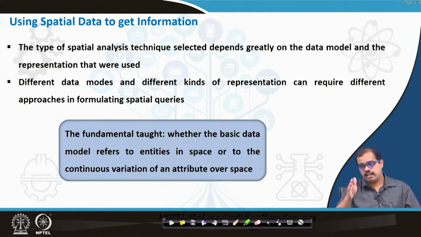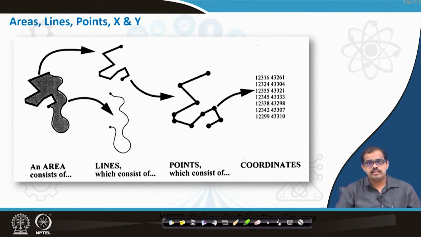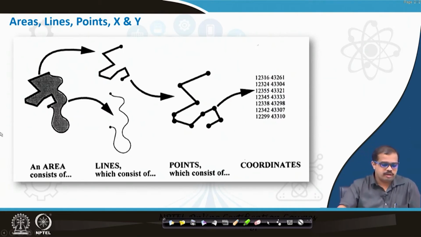It is either entities, okay, or continuous attributes. So, everything is over space and you are actually mimicking the real world in spatial quantities. So, when you are looking at the vector data model, it is in the form of areas.